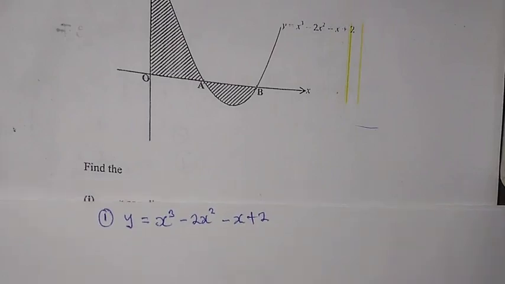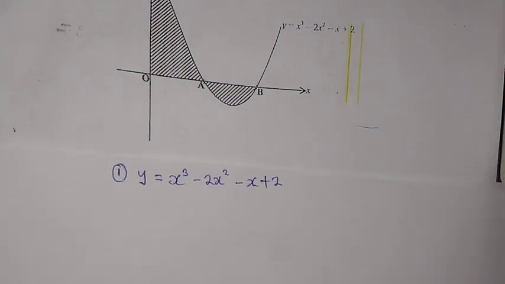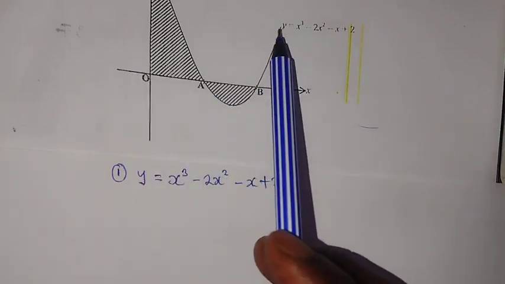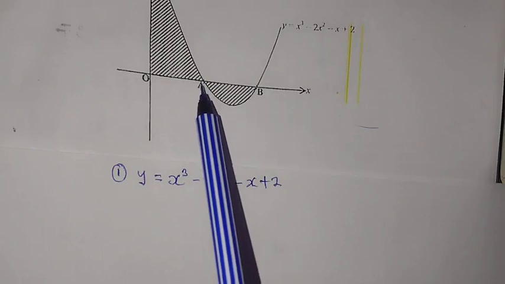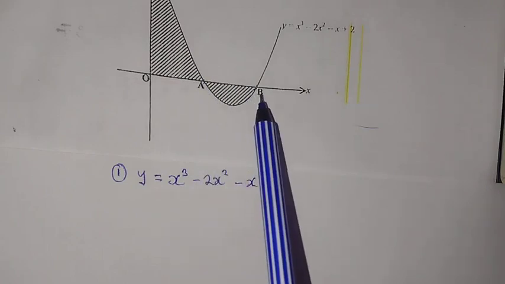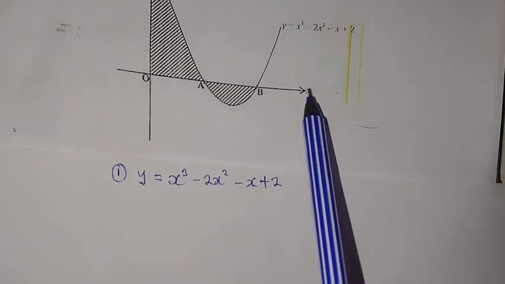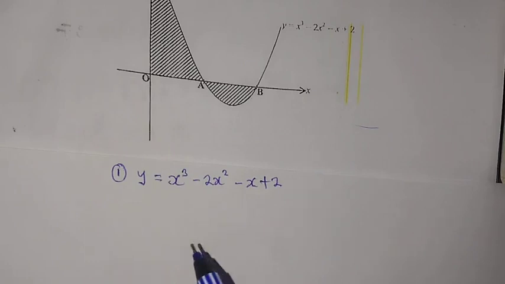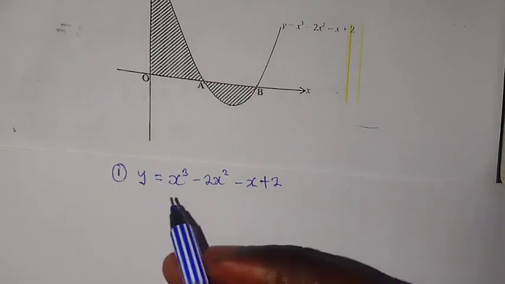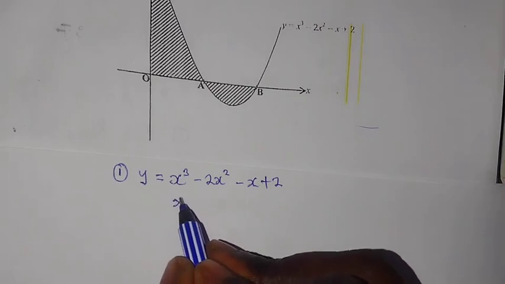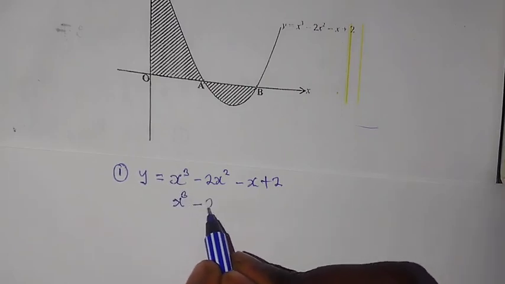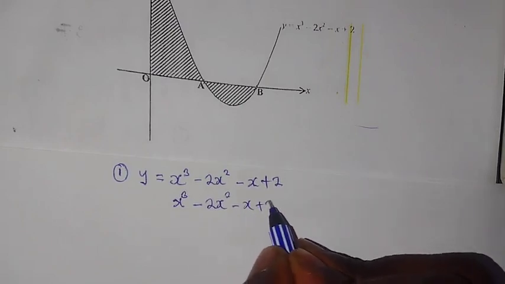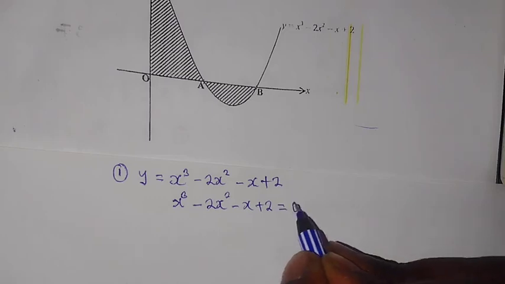We have noticed that this curve is cutting points A and B along the x-axis. The x-axis is the line where y is equal to 0, so we are going to equate this to 0. We write x power 3 minus 2x squared minus x plus 2 is equal to 0.